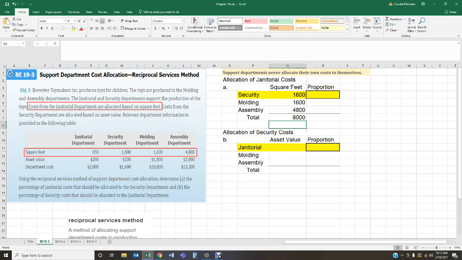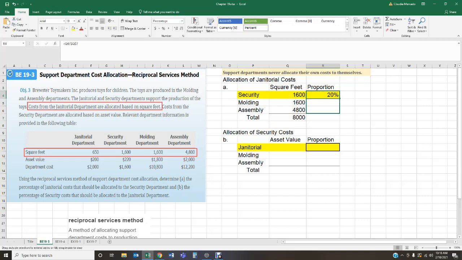Okay? So, now that I've got my total, I've got my security, my molding, and my assembly, I can get my percentage that I'm going to allocate to each of those support departments. I'm going to get my total square feet for that department divided by my total overall square feet. Now I'm going to anchor the 8,000 because that is not going to change. I'm always going to divide by 8,000. So it'll be 1,600 divided by 8,000 for security, 1,600 divided by 8,000 for molding, 4,800 divided by 8,000 for assembly.